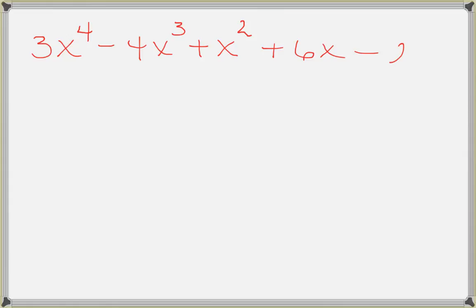I take a look at it and I say, okay, it's got more than 4 terms in it, so I can't use grouping. There's not a common term in all of them, so I can't pull that out, so I'm stuck. So what we're going to do is put this function on the calculator and put this function in Desmos and see if we can actually find a 0 we can use.